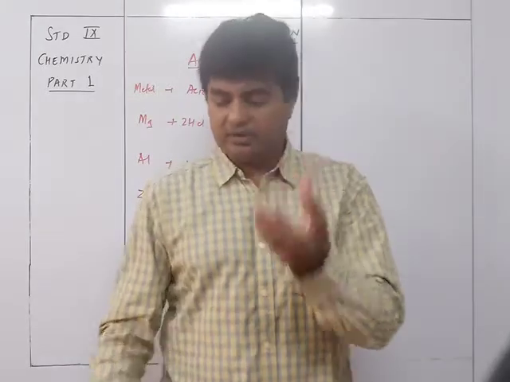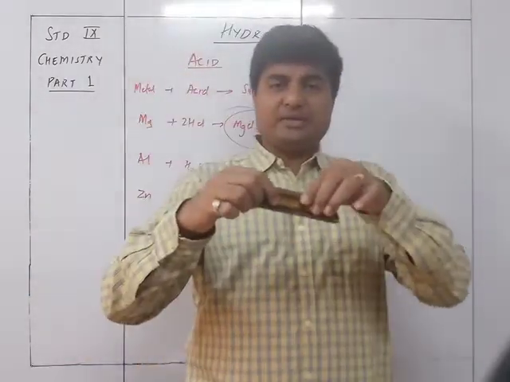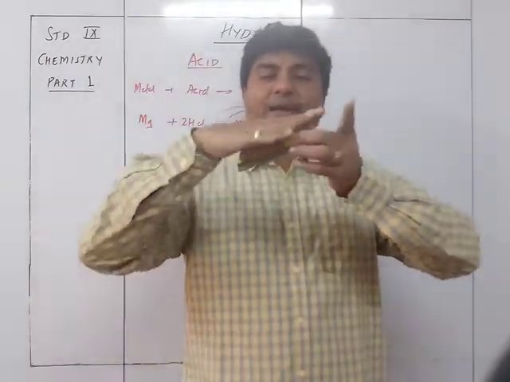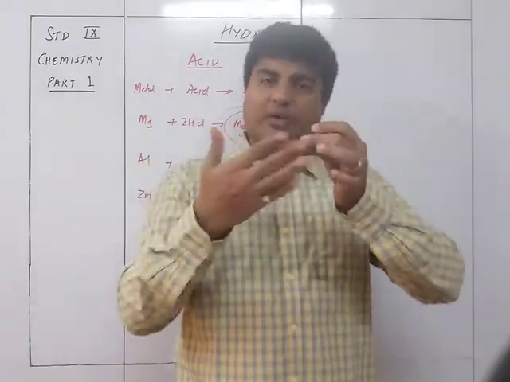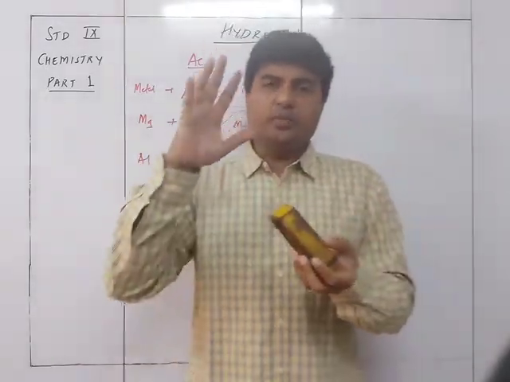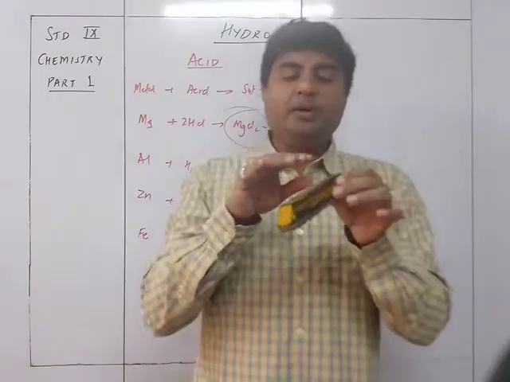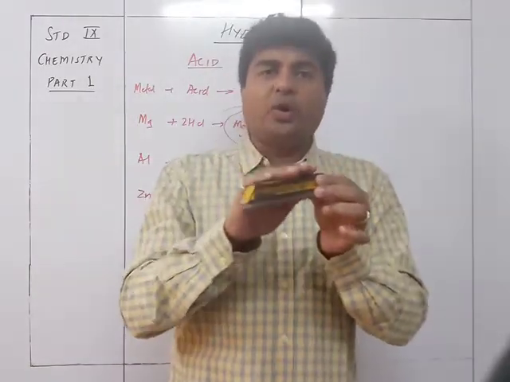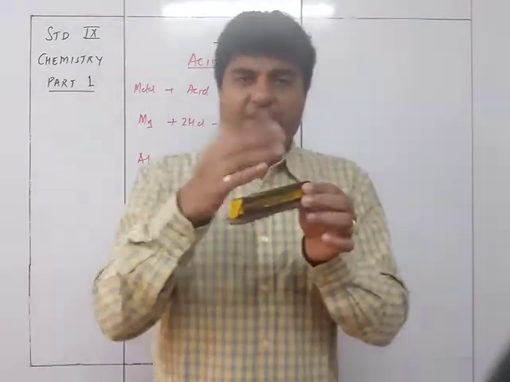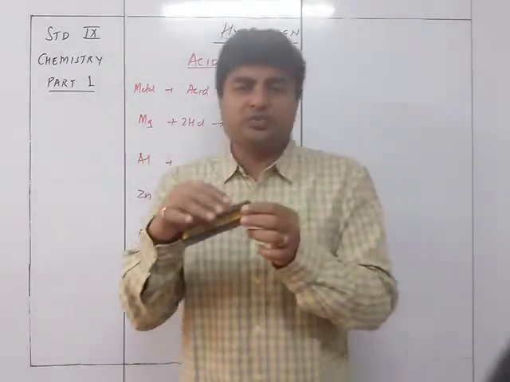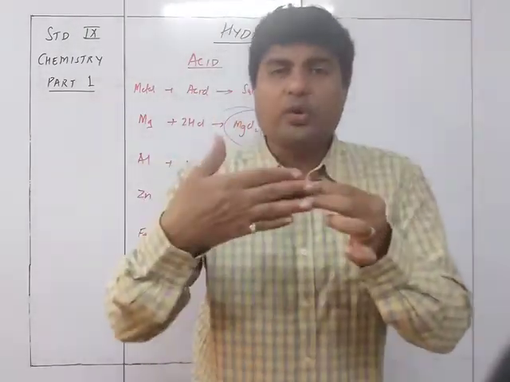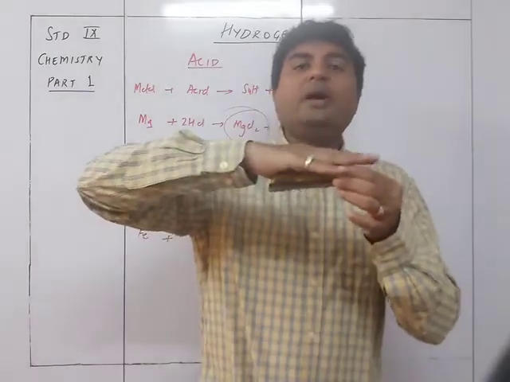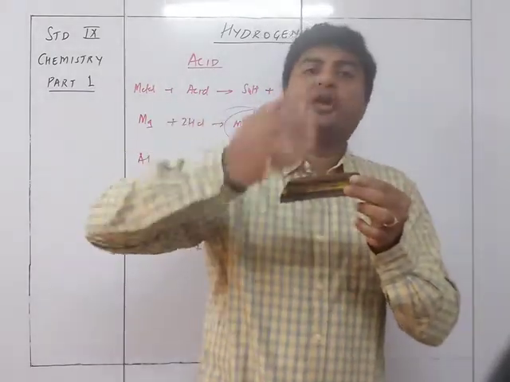If I take lead over here, suppose this is lead, and I put it into acid, what will happen? The complete lead will have a coating. Initially the hydrogen is going to be released, but slowly the complete surface of the lead will have a coating of lead chloride or lead sulfate, depending upon whether HCl or H2SO4 is used. Because of that, the coating will be an obstruction for further reaction.